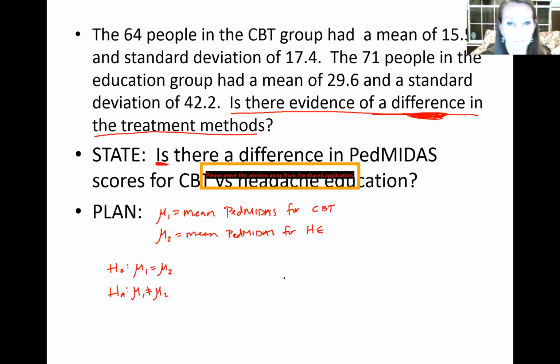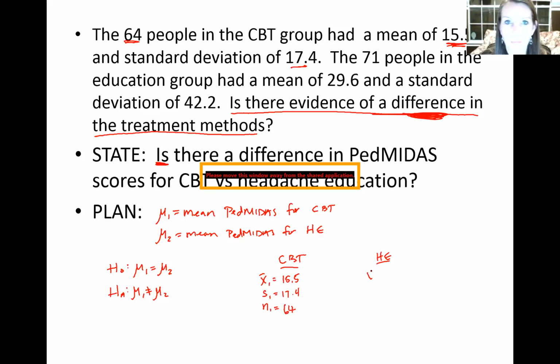And then we just need to gather the important information. We have the CBT group and the headache education group. For both of these, we need the mean, standard deviation, and sample size. The CBT group had a mean of 15.5, which I'm getting from up here, a standard deviation of 17.4, and there were 64 people in that group, so that's x bar 1, s1, and n1.